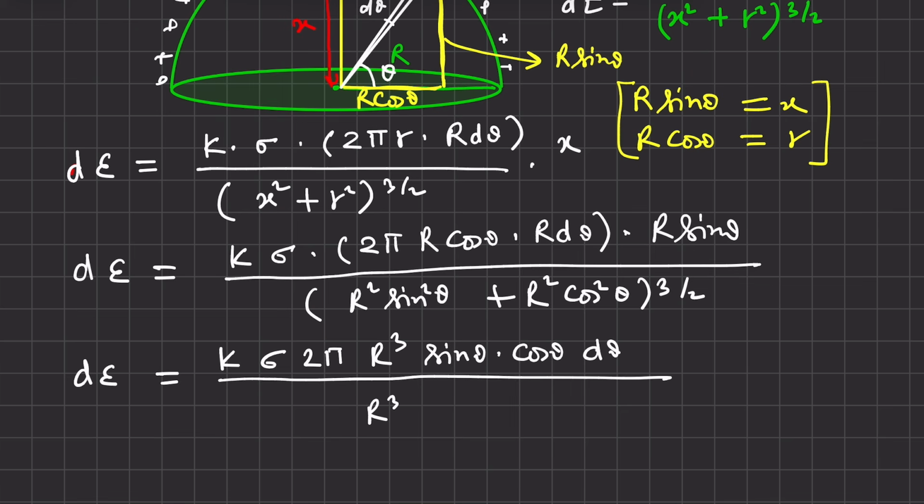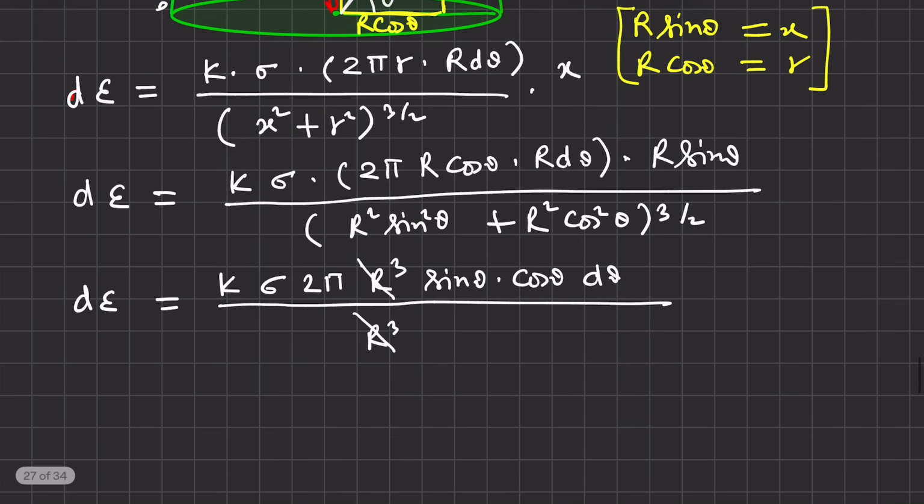You can see the simple math calculation that I am doing here. So r cube cancels, and the final term for dE is going to look like 2 pi k sigma sin theta into cos theta d theta.